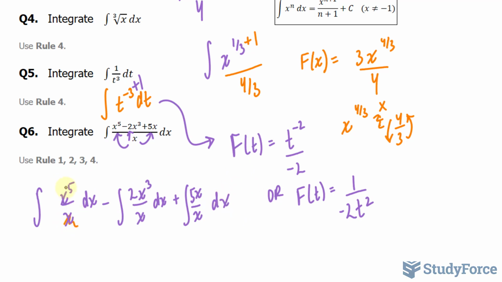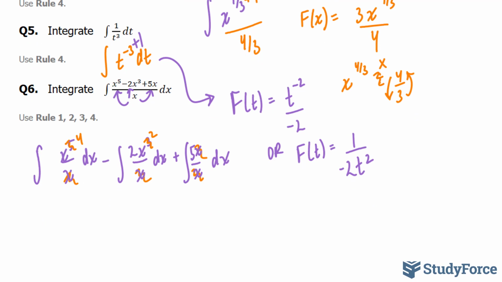This x will cancel out with one of these. This x will cancel out with one of these, and this will cancel out with the 5x. We know the integral of 5. We've done 2 examples. This becomes 5x plus c. The integral of 2x squared, this 2 becomes 2 plus 1, which is 3.